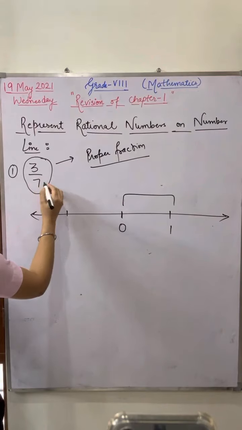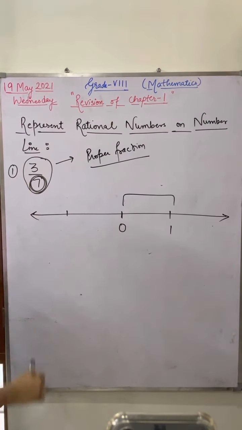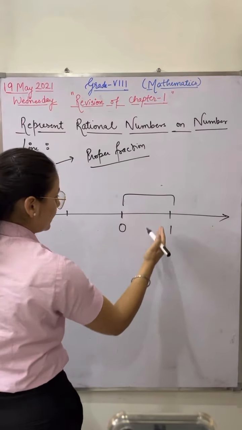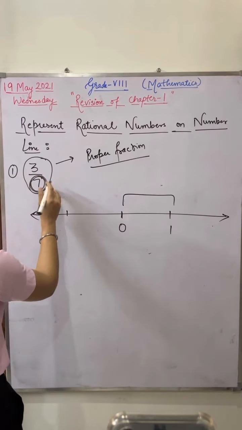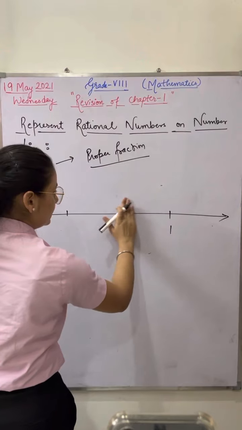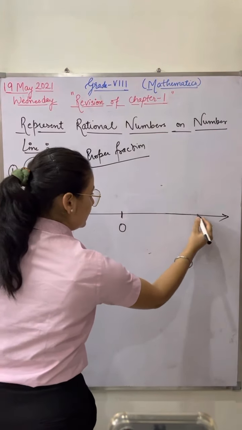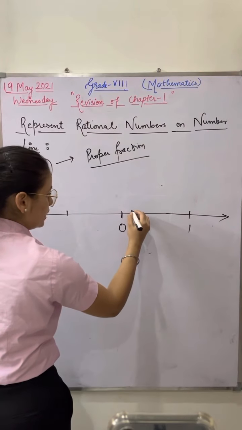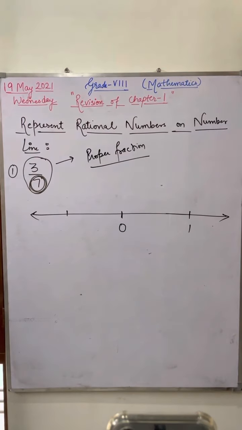Now, the 7 is given in the denominator. Denominator means that many partitions you have to make. Suppose this is 1. It is 7, so you have to make 7 partitions. I'm doing it with the other pen.